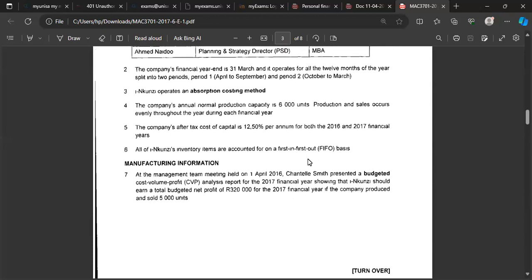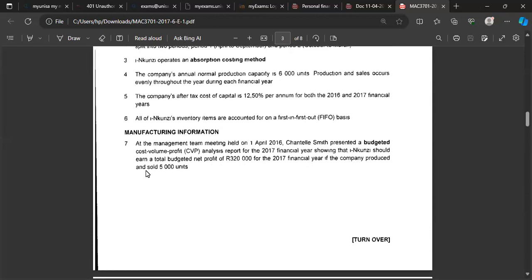So this is the first clue that we have. Inkunzi should earn a total budgeted net profit of 320,000 for the 2017 financial year if the company produced and sold 5,000 units. So the clue is CVP. These guys are basically giving us the answers.